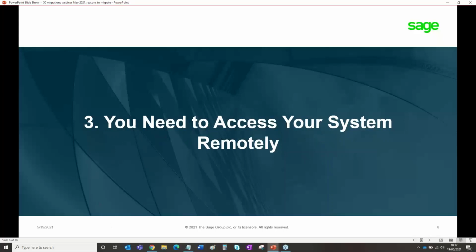The third one we've got here is the need for remote access to your systems. This echoes what we talked about a couple of minutes ago around one of the biggest pains. As I said previously, I think the current global COVID crisis has really accelerated this need and requirement, and we see more and more businesses seeking a solution that enables remote working on a daily basis.